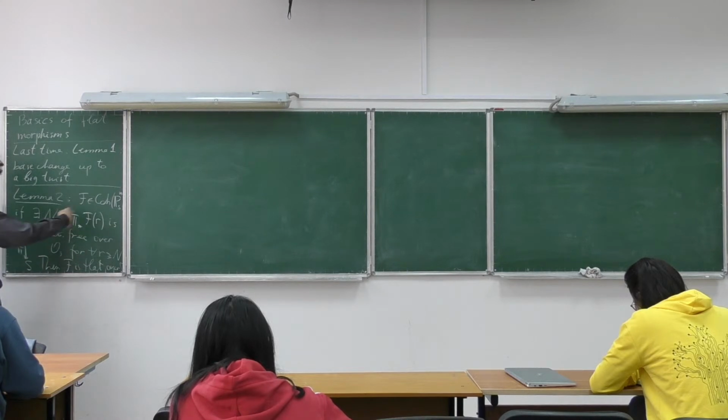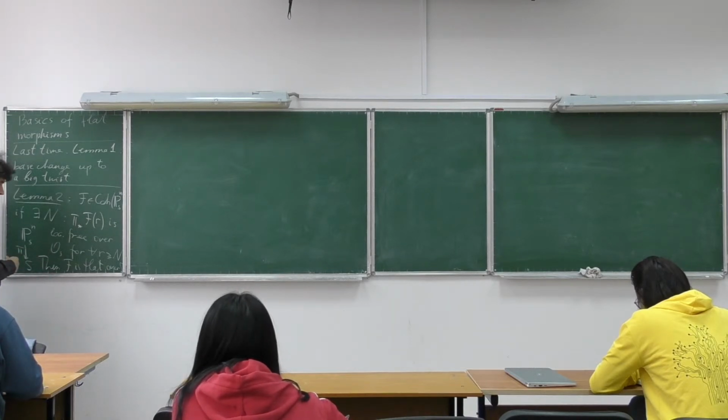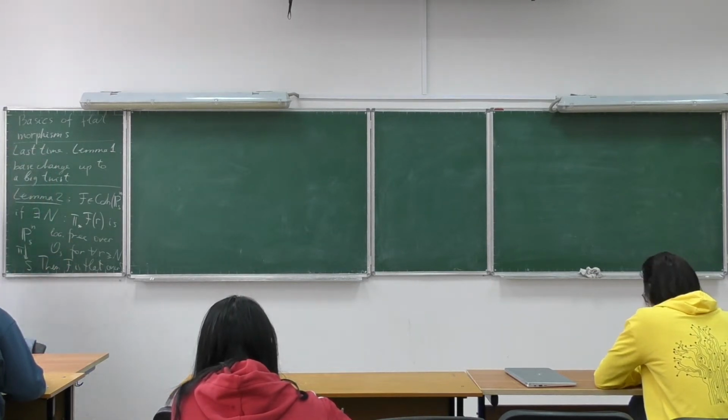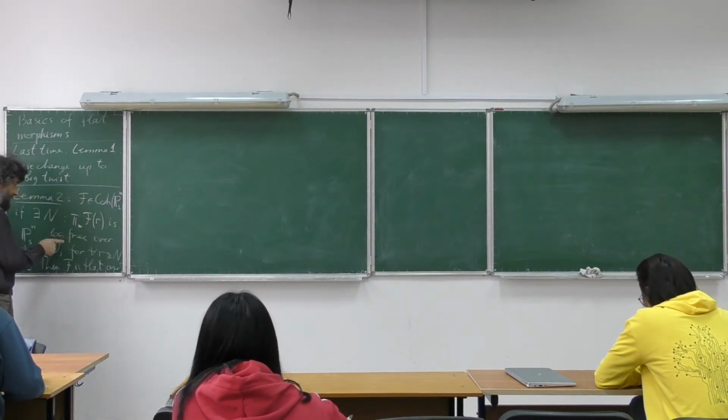Okay, so if after big enough twist the direct image becomes locally free, then your initial sheaf was flat over S. Pardon me? Yeah, yes, over the base, yes. But we assume that it's not just flat, but locally free.